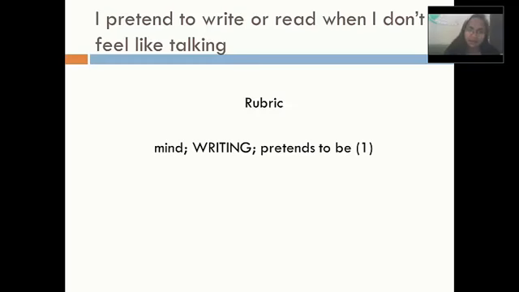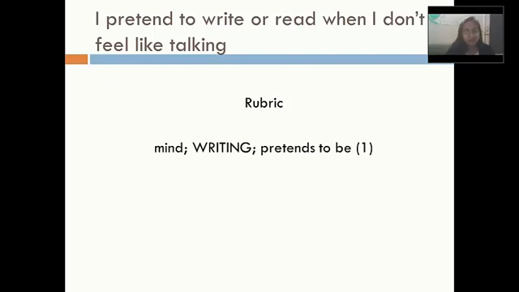I had this patient, this is my personal experience with one patient, and this was a very unusual thing for me. This lady came, and she said that whenever I don't feel like talking to anyone, and if someone is coming and talking to me unnecessarily, I would pretend to write or read. I will just pick up a book or notebook and start writing so that they go away.